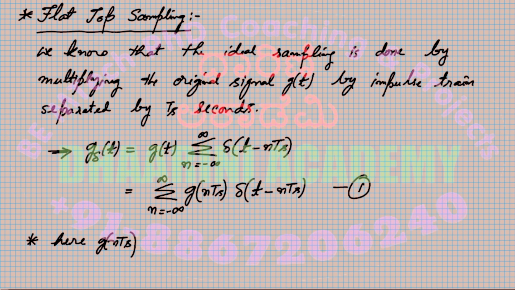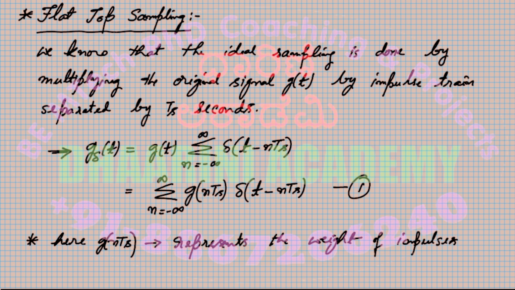So g of n Ts represents the weight of impulses, those impulses which are separated by capital Ts.